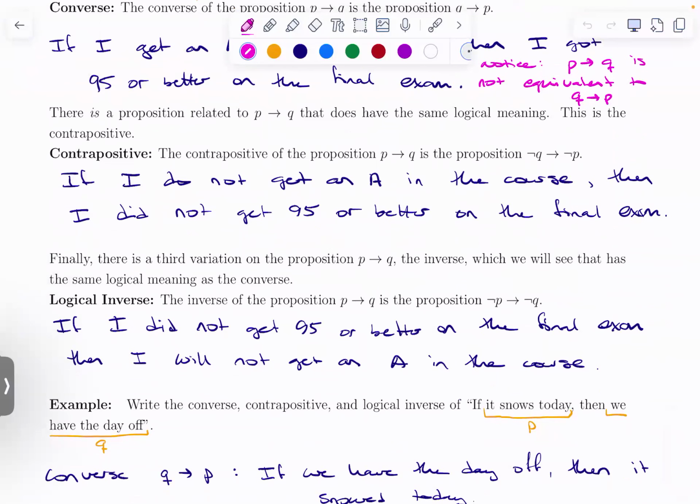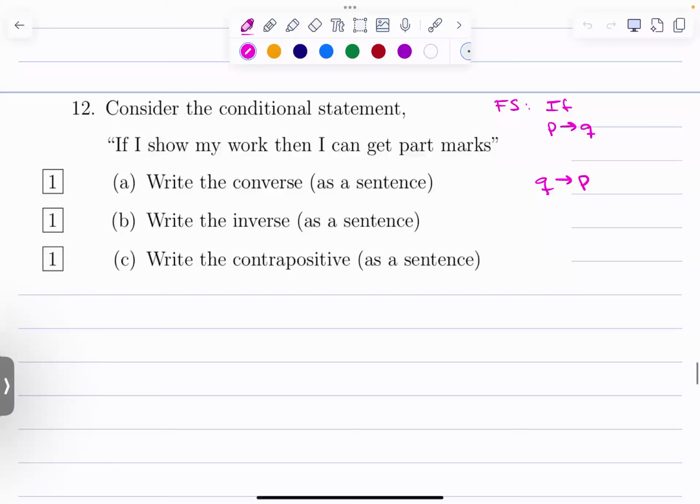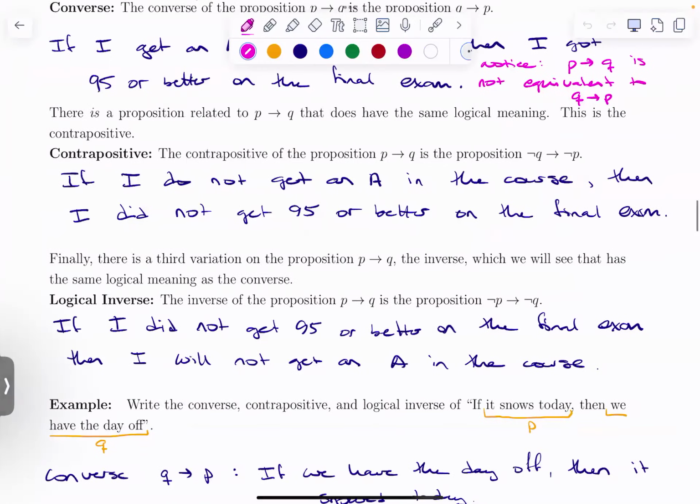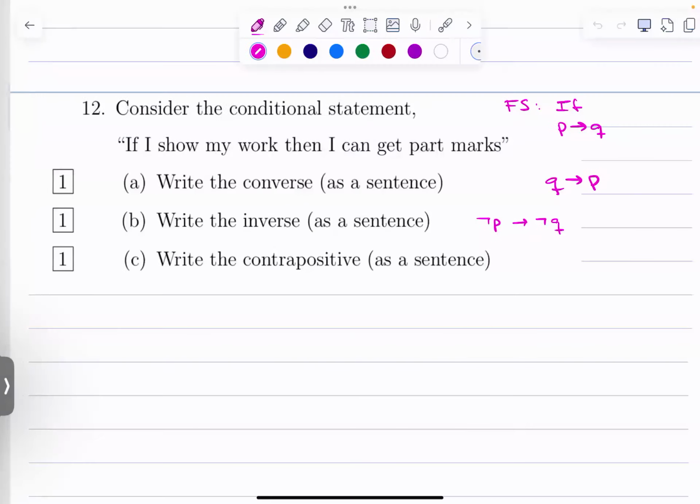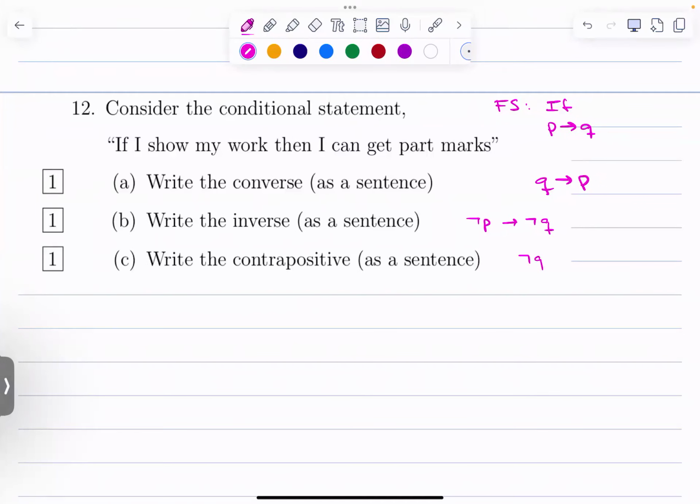The inverse is not P, then not Q. And the contrapositive is some mashup of that. If not Q, then not P. And that'll be on your formula sheet.